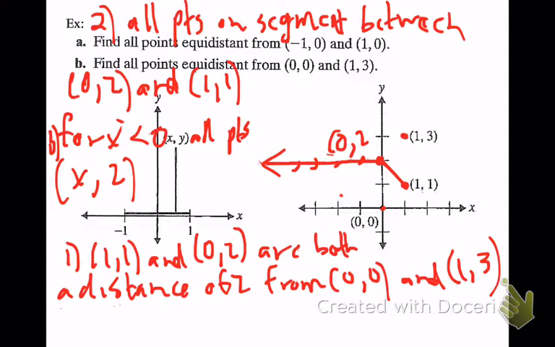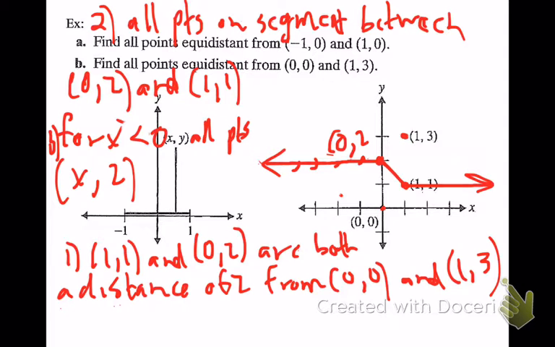What other ray can we have that's going to be equidistant from those 2 points? y equals 1 when x is greater than 1. Right. Good. So we've got this direction right here.